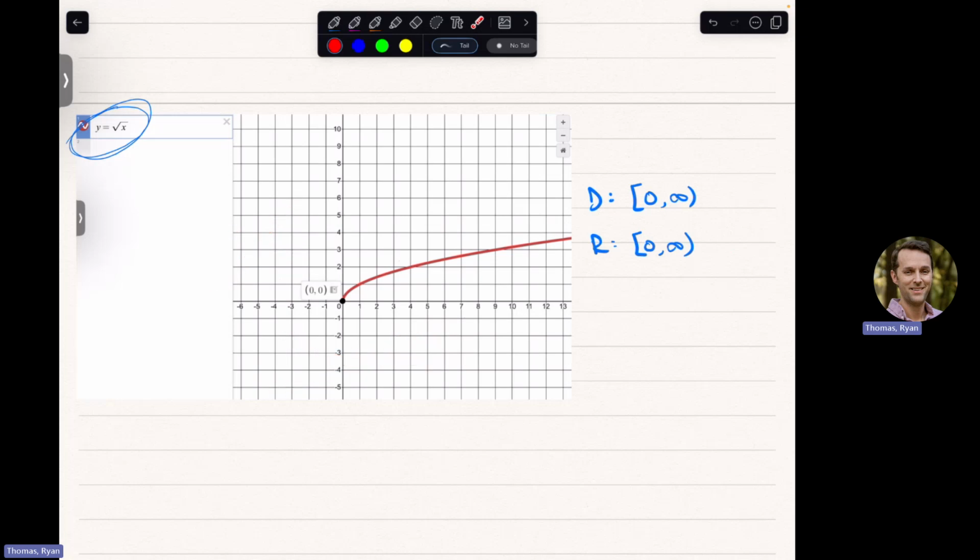But then if you start applying transformations to it, it works just like anything else. So the square root of x plus 2, minus 3, for example, would shift 2 to the left and 3 down.